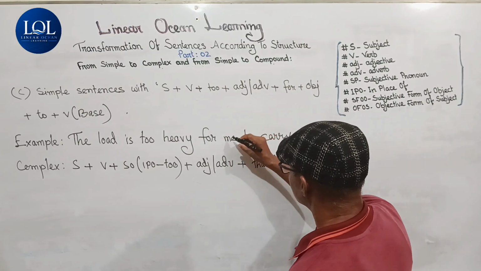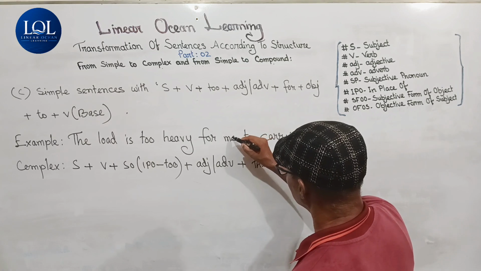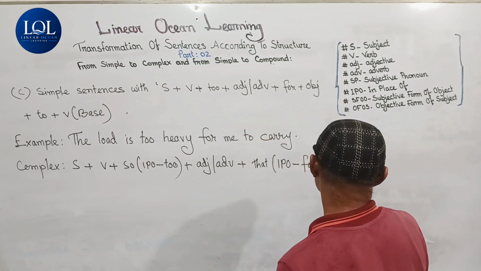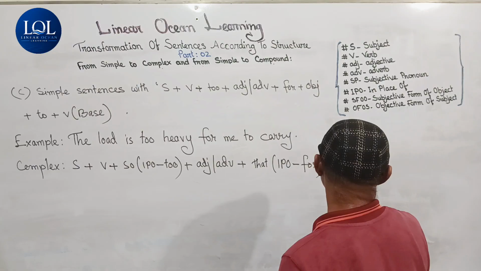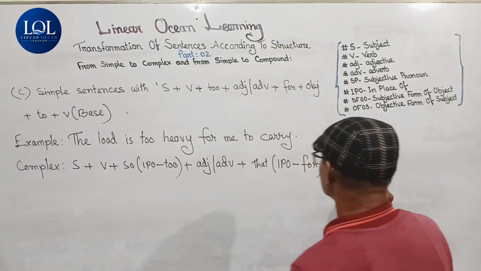That means the subjective form of the object me is I. So let me write subjective form of object.